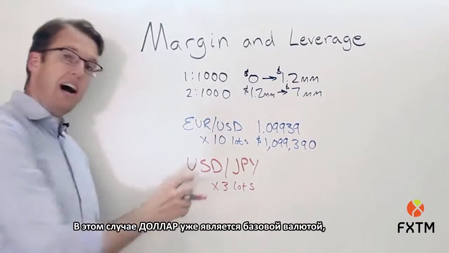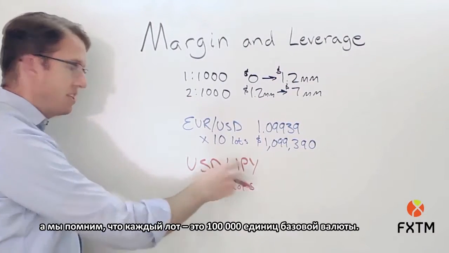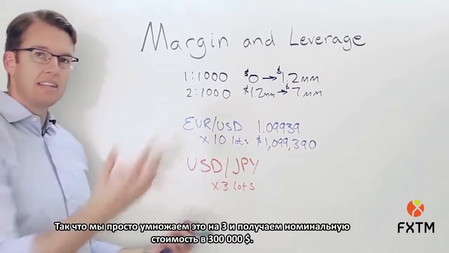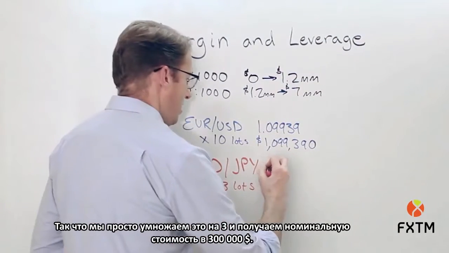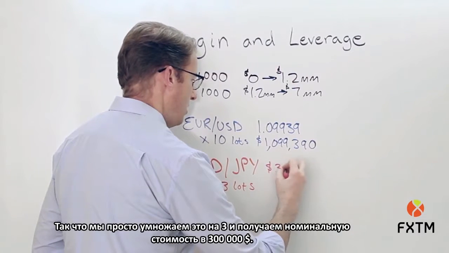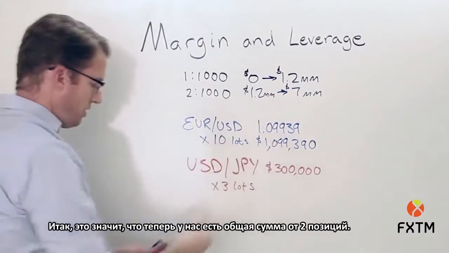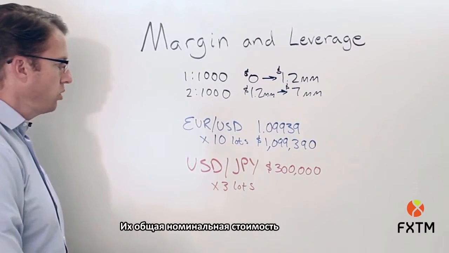Well, in this case, the dollar is actually on the base side of the equation. So if each lot is worth 100,000 units of the base currency, then we multiply that by 3, and that tells us that we have a total outstanding notional value here of $300,000.